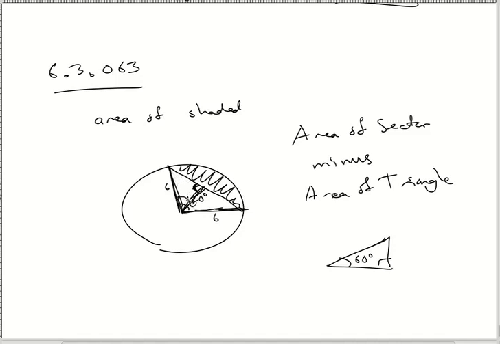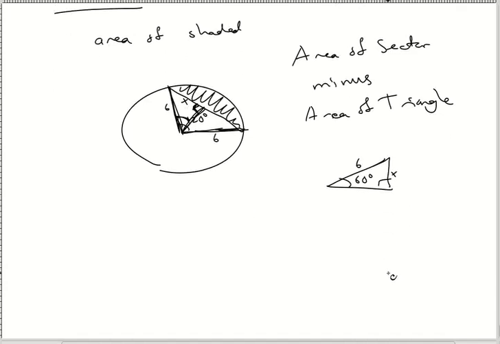That's a 60 degrees right there. And so hypotenuse is definitely 6. This is the x that I'm looking for. Okay, so that's going to be opposite of it, right? And if I could solve for x here, then I can go and plug it in and all that kind of stuff. So I can find that length, or I can find the area of a triangle, or who knows what.